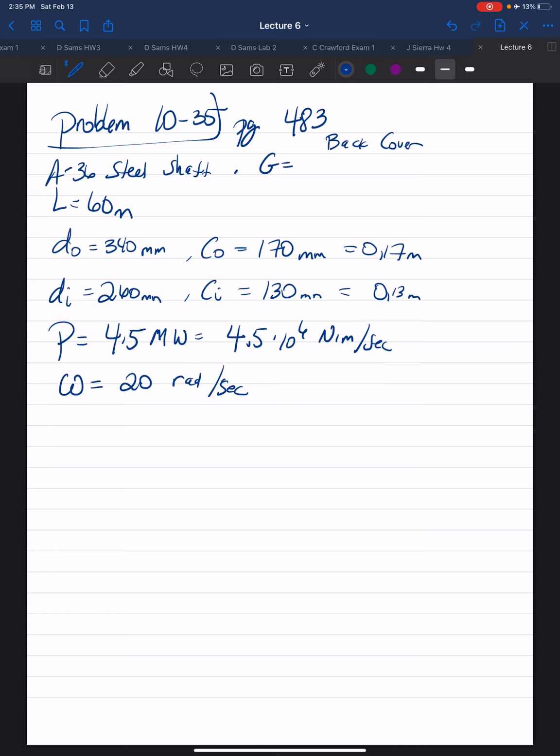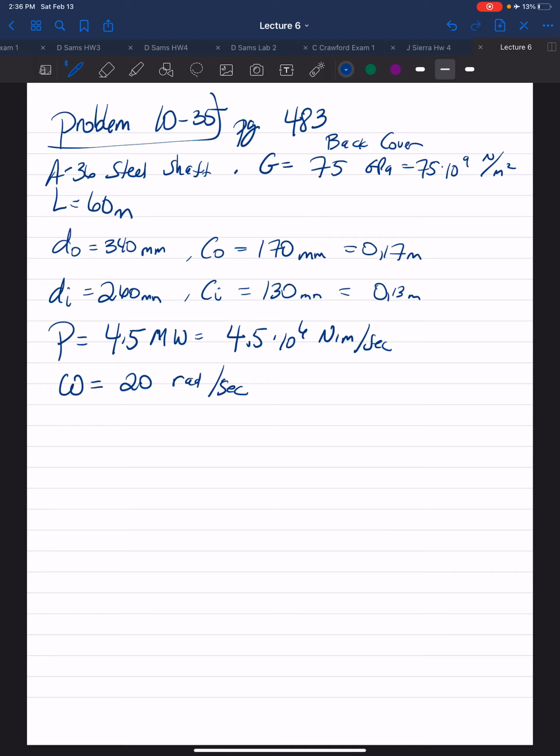The G value for A36 steel is 75 gigapascals, which is 75 times 10 to the 9 Newton per meter squared. Giga, 10 to the 9. So now we can get to work.